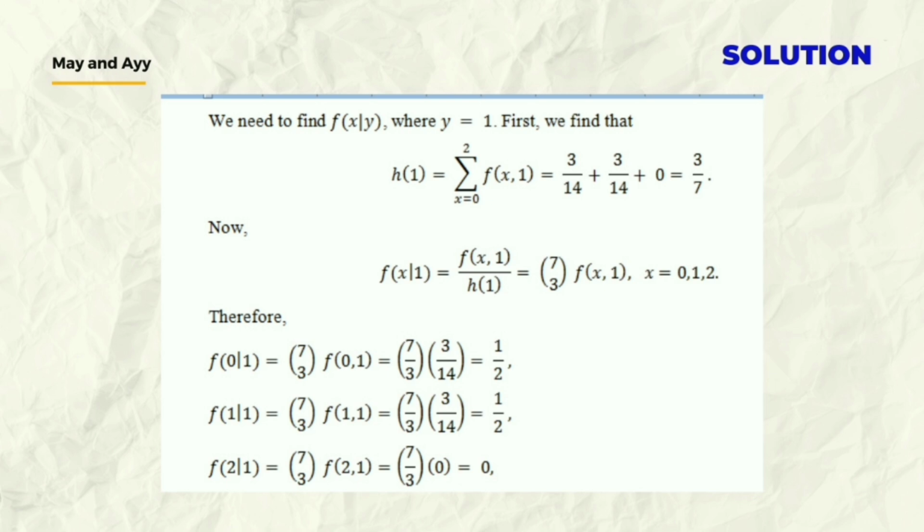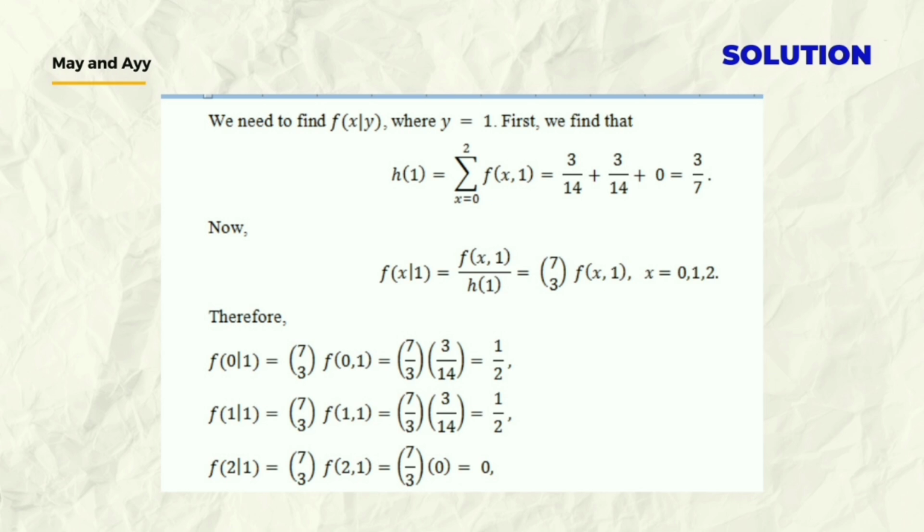First we find h(1), which by the definition is the sum over x from 0 up to 2 of f(x, 1). We calculate this and find the result is 3 over 7. Next we find f(x given 1), which by the definition is f(x, 1) over h(1).